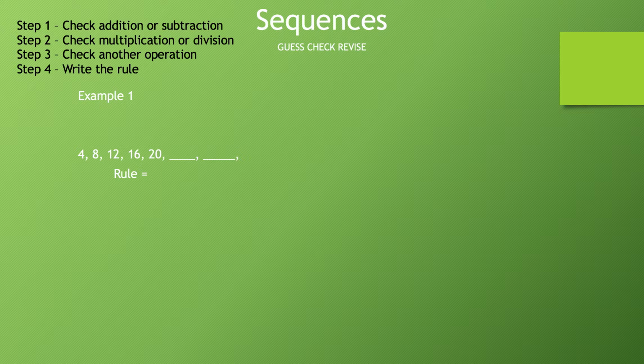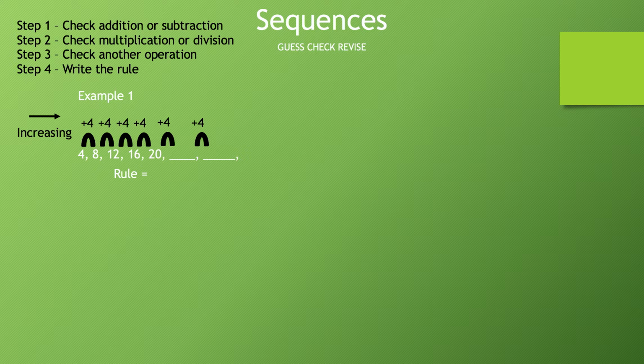Okay, so let's take a look at the example. Some of you may have already figured it out. Now, it's going up, so it's increasing. So therefore, it has to be addition or multiplication. So let's try addition first. Each of the gaps has to follow the same rule. So let's try plus 4, because 4 plus 4 is 8.